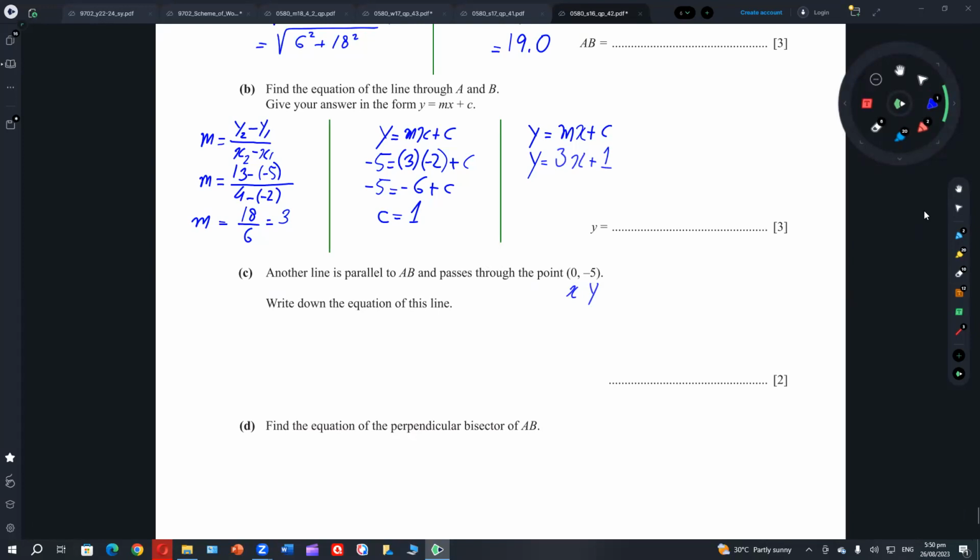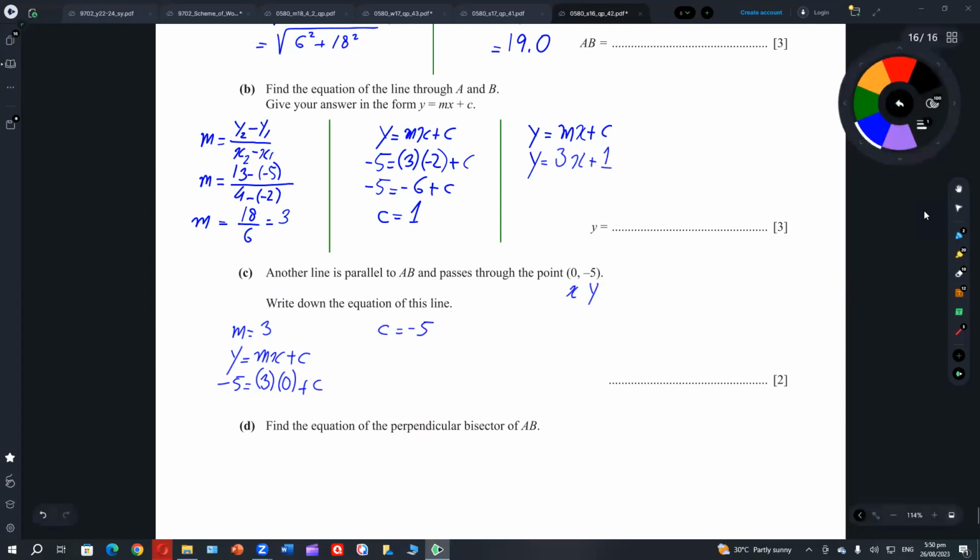It is having 3. So we will simply find C.